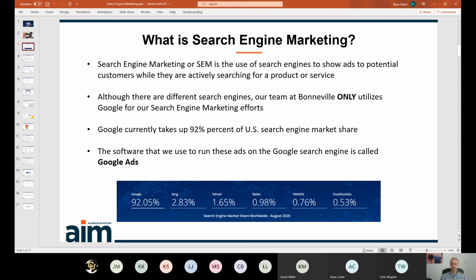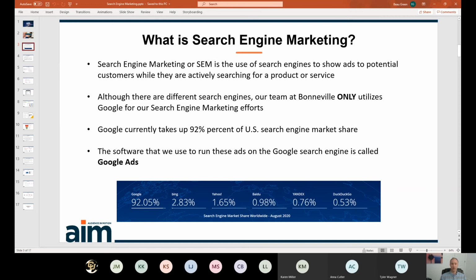You can see at the bottom the percent of US search engine market share for Google. Google takes up 92% of search engine market share, and that's pretty recent. They were usually around 80%, and Bing took around 10 to 15%. Google has really come in and dominated the entire search industry.